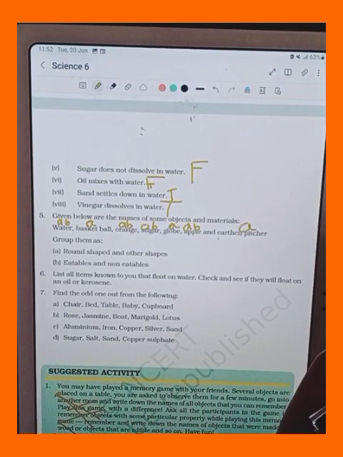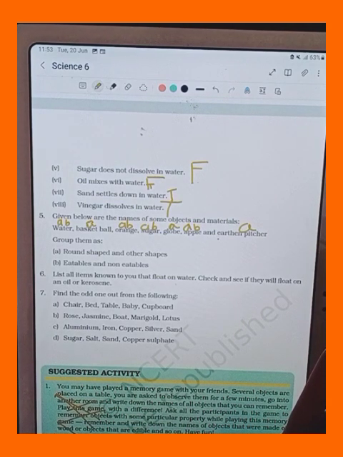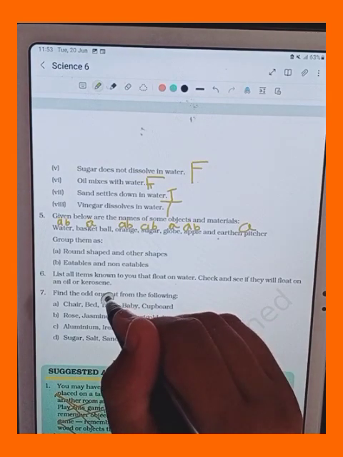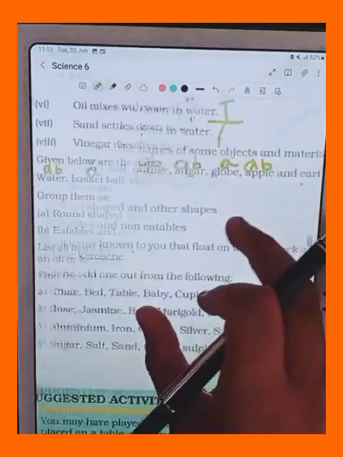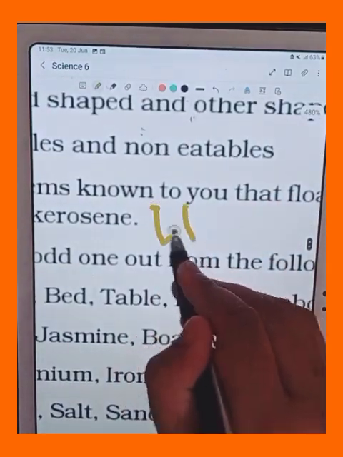So 6th, list all items known to you that float on water. Check and see if they float on oil or kerosene. So this is your own activity, so you do as homework.